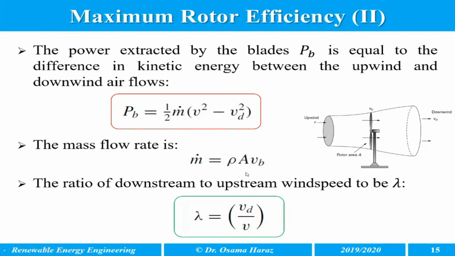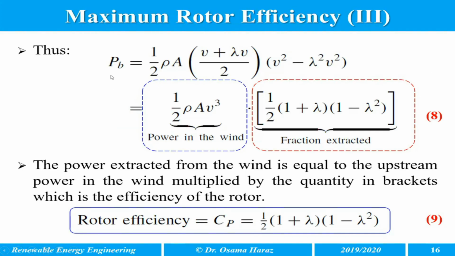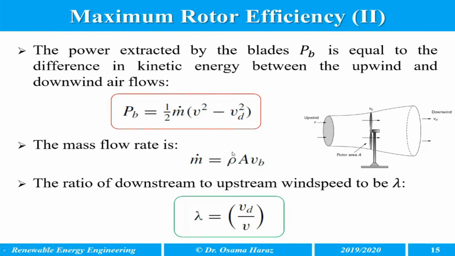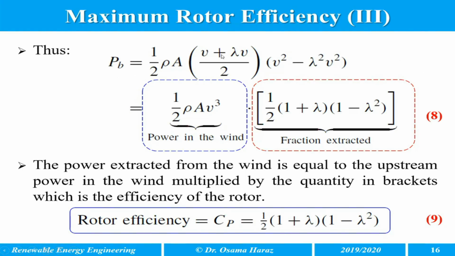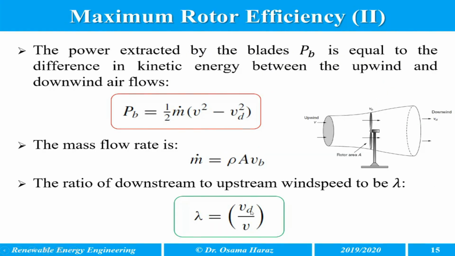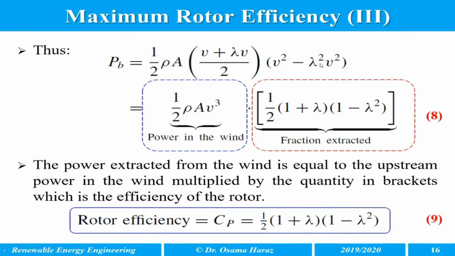The ratio of the downstream to upstream wind speed is lambda equal Vd over V. Then we end up with Pb equals half rho A times V squared minus lambda squared V squared, times V plus lambda V over 2.